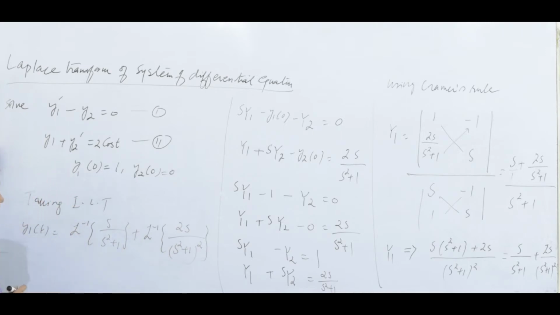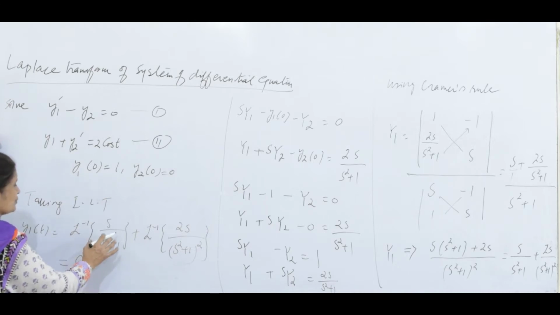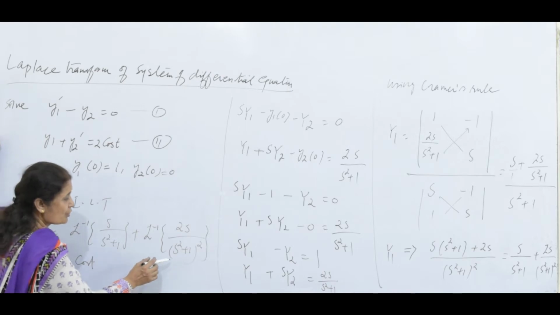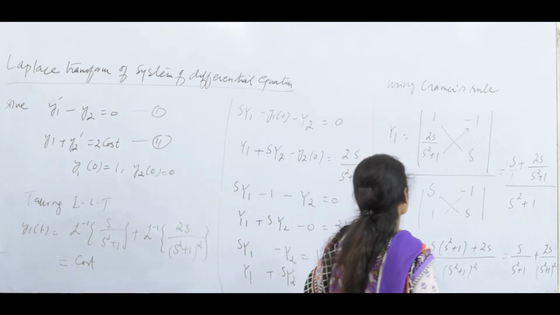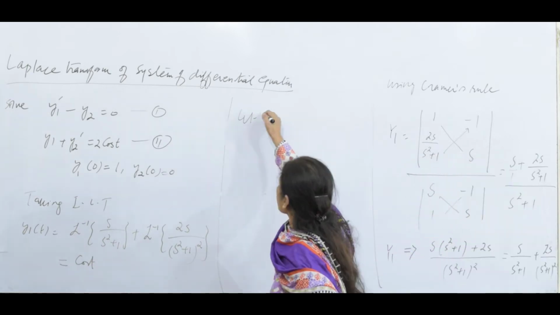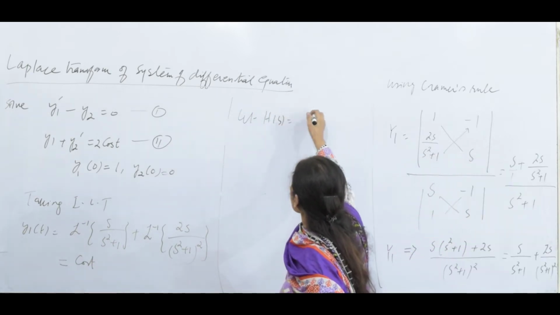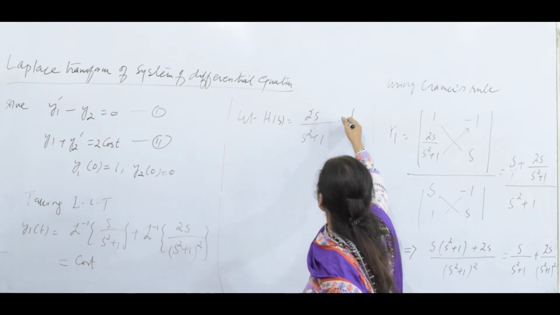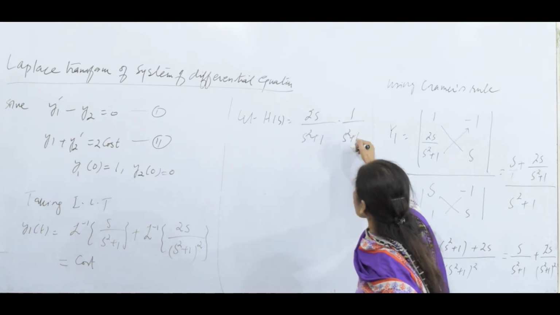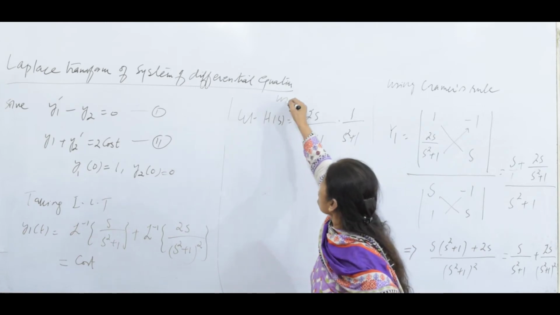Look at that. Now we have studied convolution. This first term is going to be cos t. For the second we have to calculate separately. Let H(s) be equal to 2s over s square plus 1 into 1 over s square plus 1, using convolution.